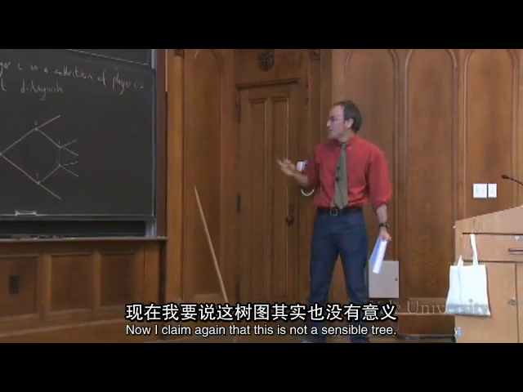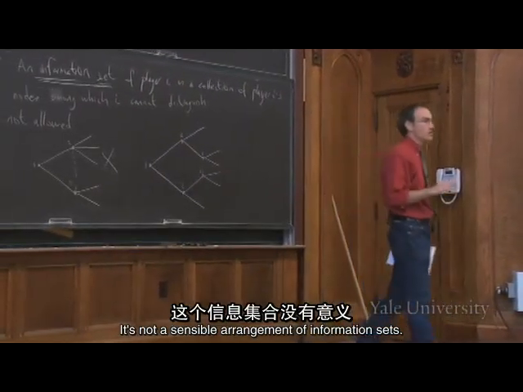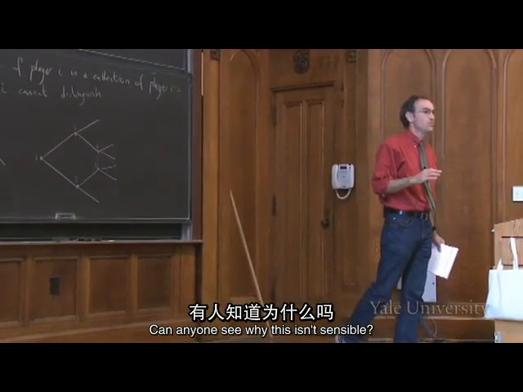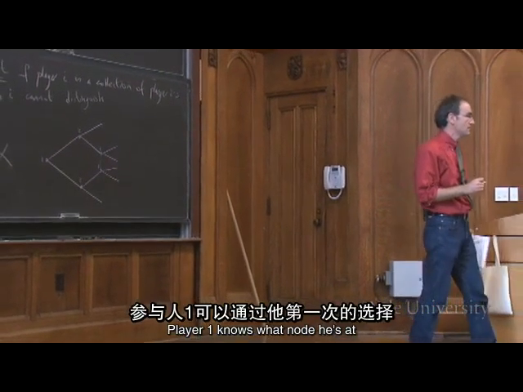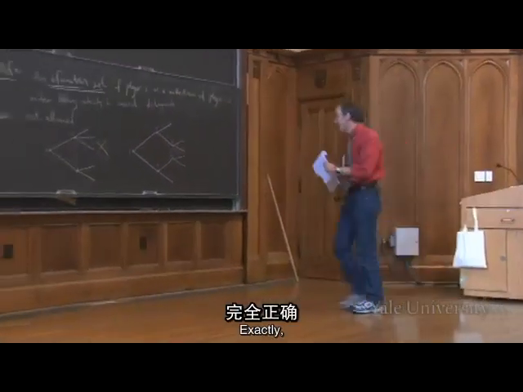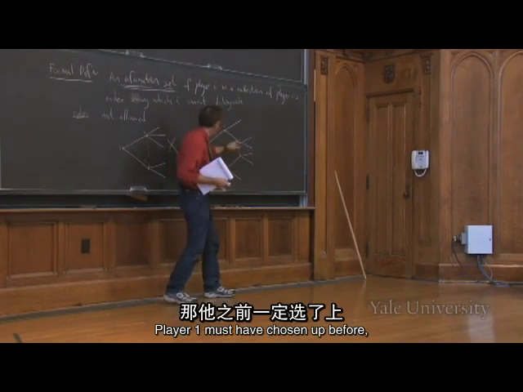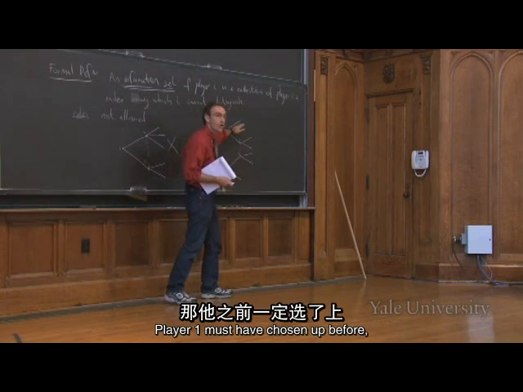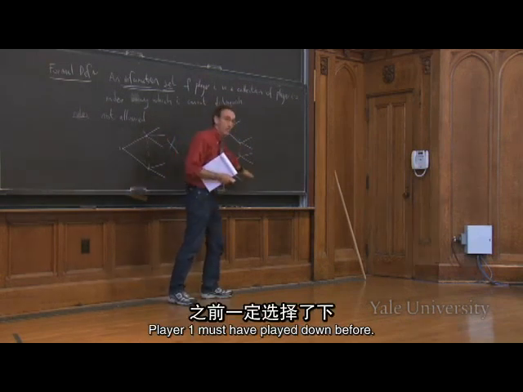Now I claim again that this is not a sensible tree. It's not a sensible arrangement of information sets. Can anyone see why this isn't sensible? Yeah, Stephen, shout it out. Player 1 knows what node he's at based on the first choice that he made? Exactly. So to get to the upper node here, player 1 must have chosen up before. And to get to the lower node here, player 1 must have played down before.